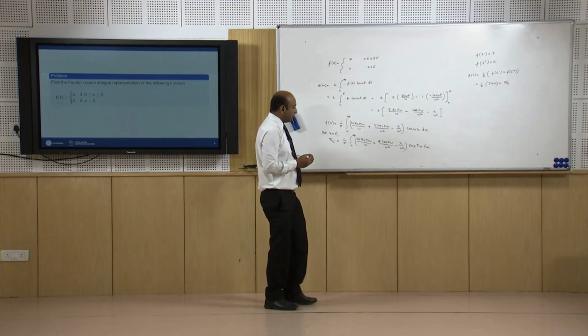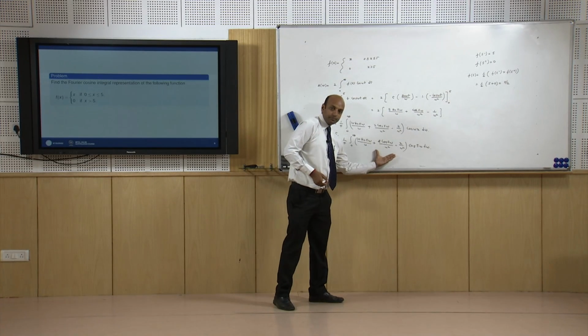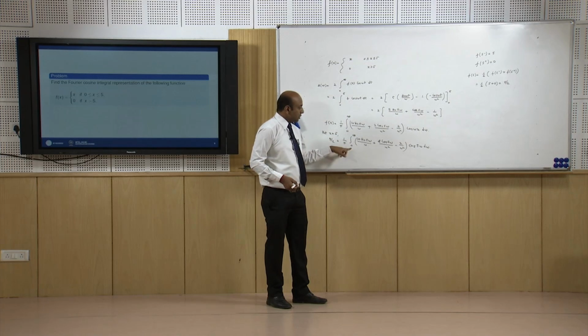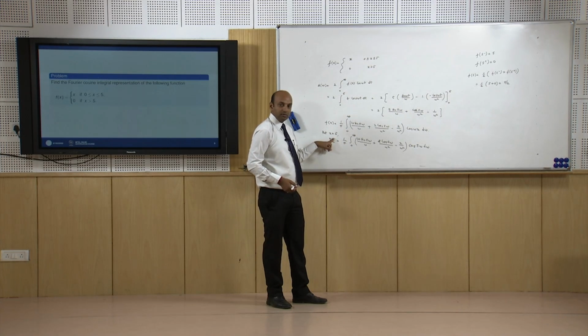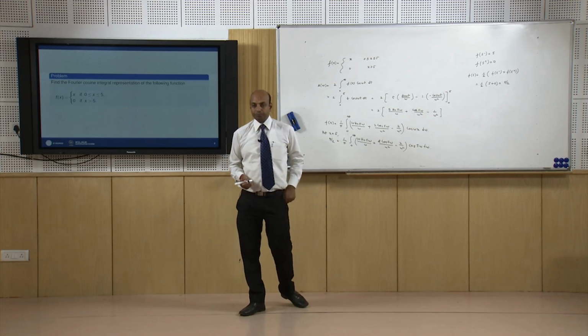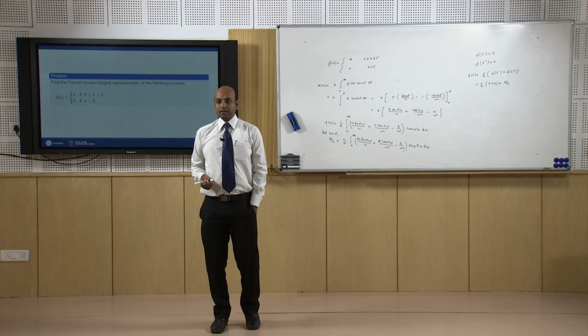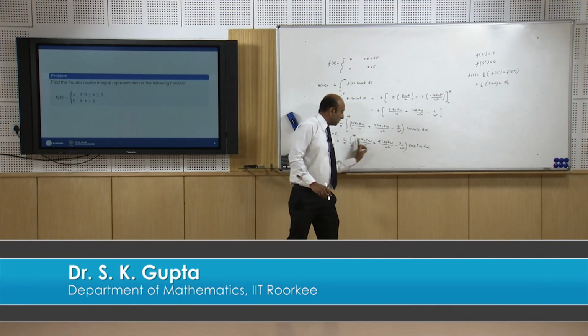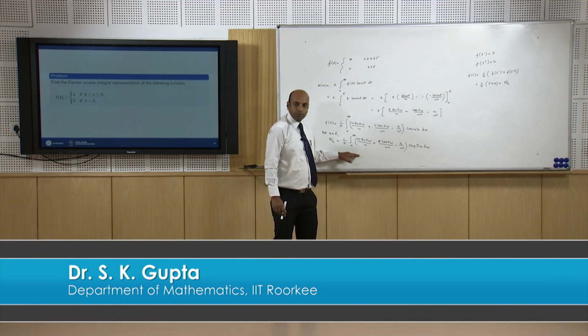If we need the value of this integral from 0 to infinity, you can take pi to this side, so that value will be 5 pi by 2. In this way we can find out the value of this expression also.